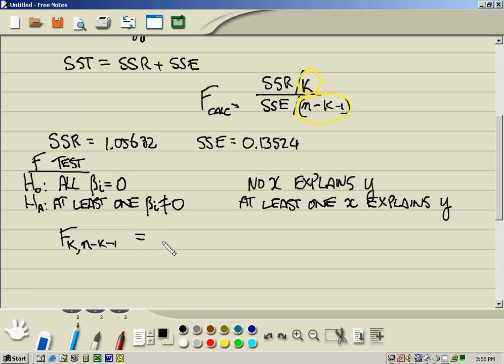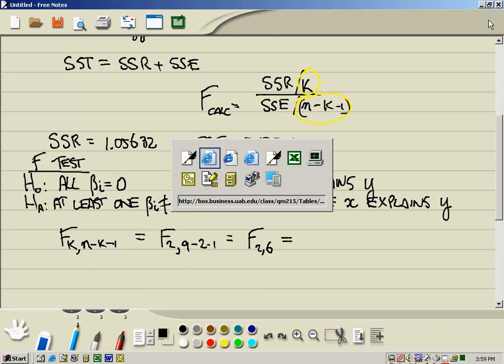So in our example, there are 2 x variables, so k is 2, n was 9, minus 2 minus 1, and that works out to be 2 and 6 degrees of freedom. We'll use the standard alpha of 5% and go to the f tables to find the appropriate value.